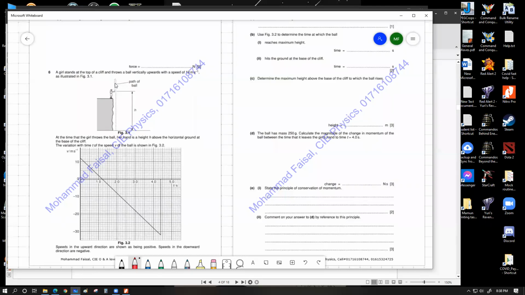Yes sir. And sir, what if it bounced and went back up? Well, if it bounced and went back up, then for the duration of the bounce there would be a different scenario. For the duration of the bounce, the Earth would be pushing the ball upwards and the ball would be pushing the Earth downwards. So the momentum change direction, as long as the contact was there, would be the opposite scenario, because in that case the outward forces would be bigger compared to the inward force.